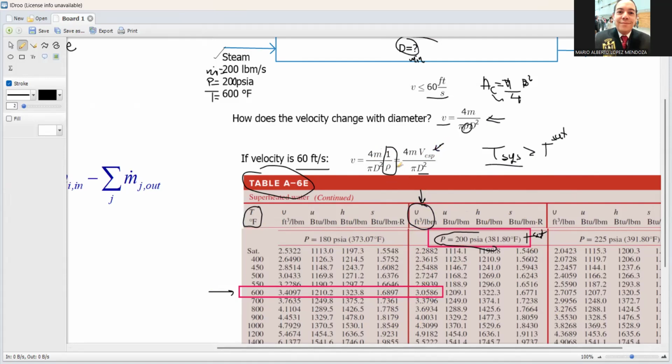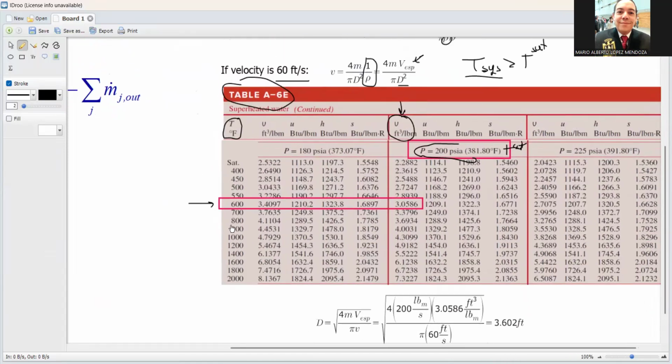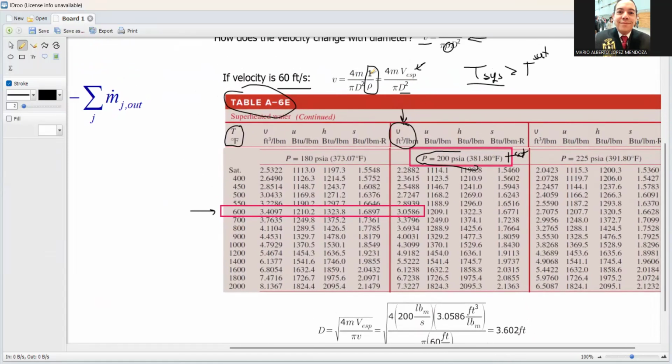So at this point, we need just to substitute the values that we know. Obviously, we are looking for the diameter of the pipe, assuming that the velocity is 60 feet per second.